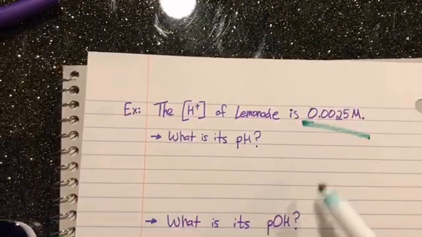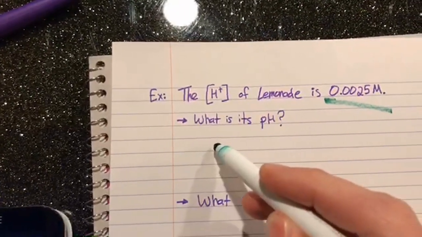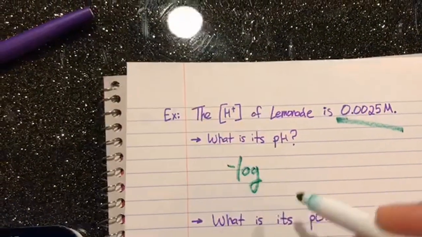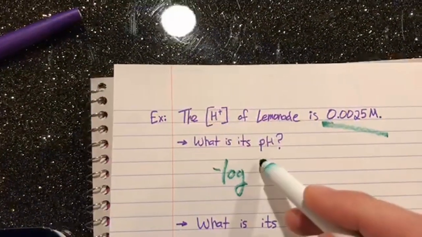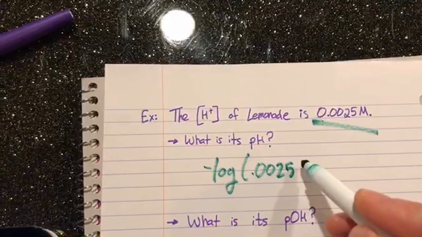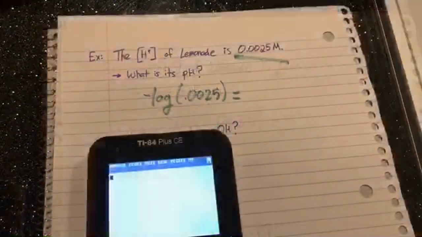It's right there. So all we're going to do is, in our calculator, type in the negative log of 0.0025, and it's going to get us something. Just a second.